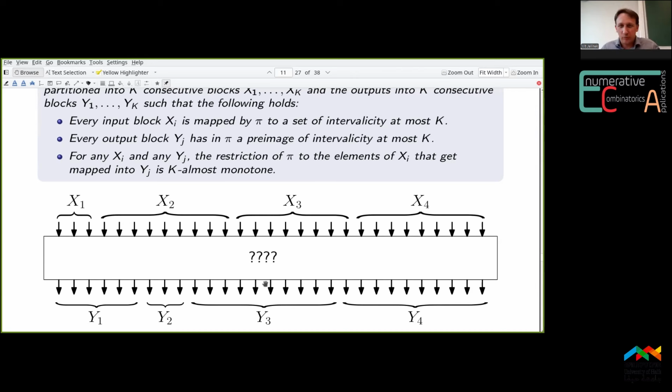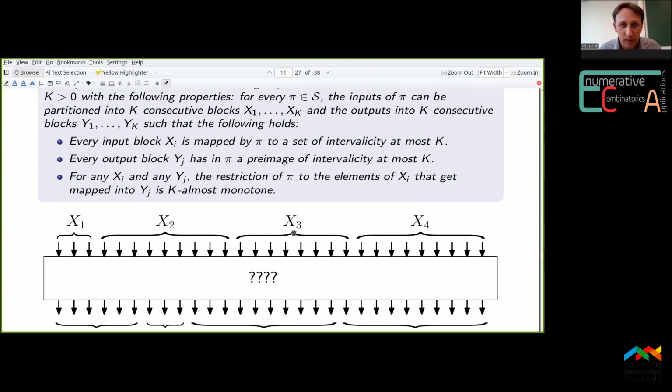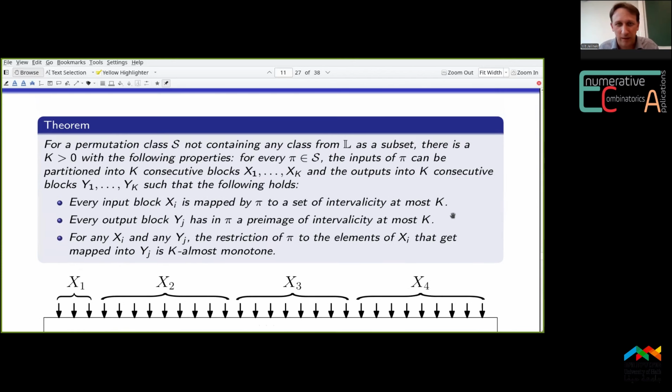Yeah, okay, so a structure theorem. And it's an if and only if characterization, in the sense that if you look at the 12 classes in this list L, you will see they do not satisfy this structural property.